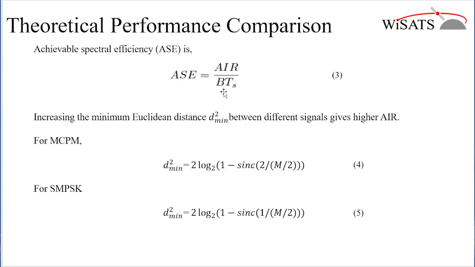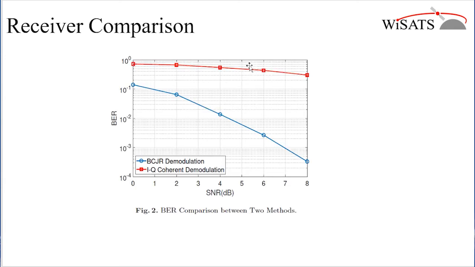Here, B is given by using Carson's rule, and the achievable information rate, AIR, denotes the mutual information between the channel input and the channel output. AIR depends on the minimum squared Euclidean distance between different symbols. Increasing the minimum Euclidean distance between different signals gives higher AIR.